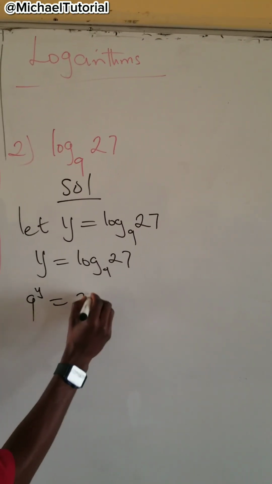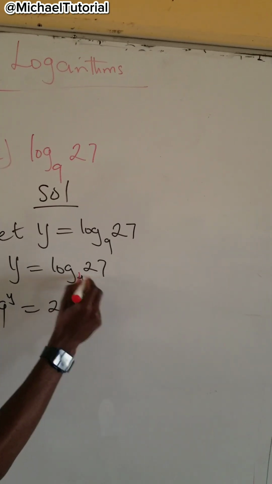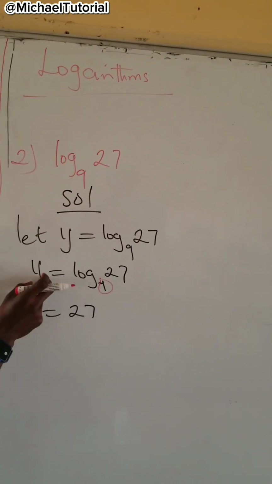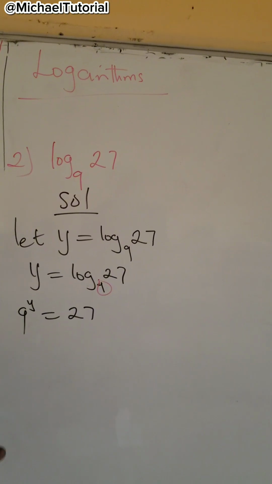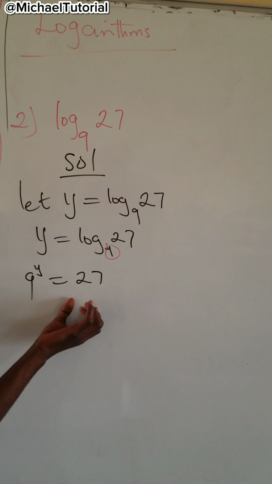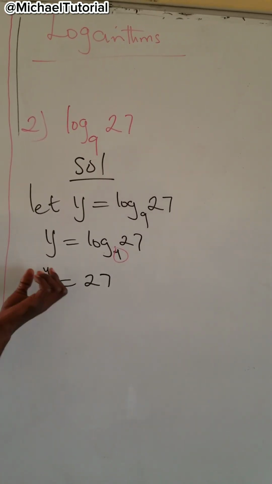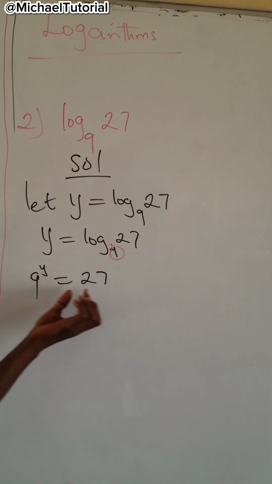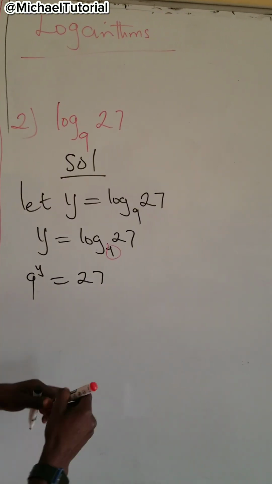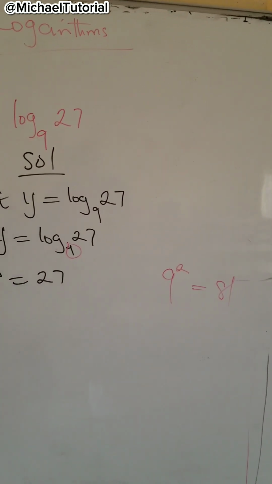This 9, the base, is coming to this side to raise y up. That is the same thing we did in the previous class. Now let us look for a number that 9 raised to will give us 27. But the least power 9 can be raised to is 2, that is 9 squared, and that gives us 81.